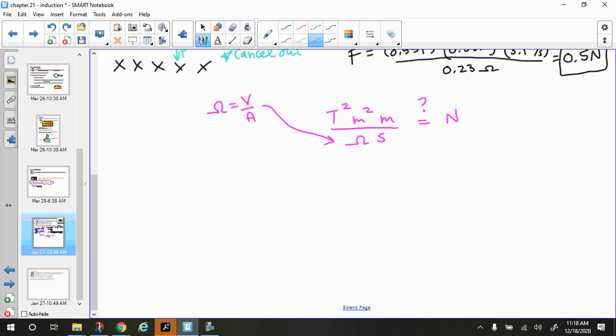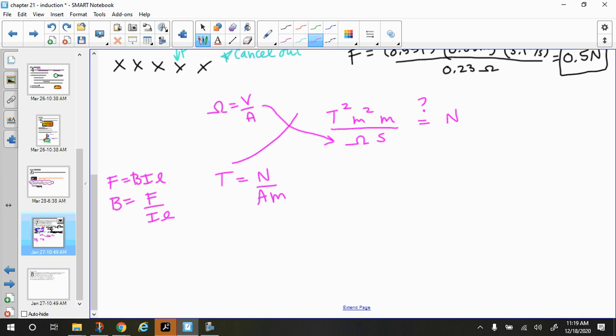And then we also know that a Tesla, if we use the equation force equals BIL and isolate for B, we get force over IL. So a Tesla is equal to a Newton divided by an amp times a meter.